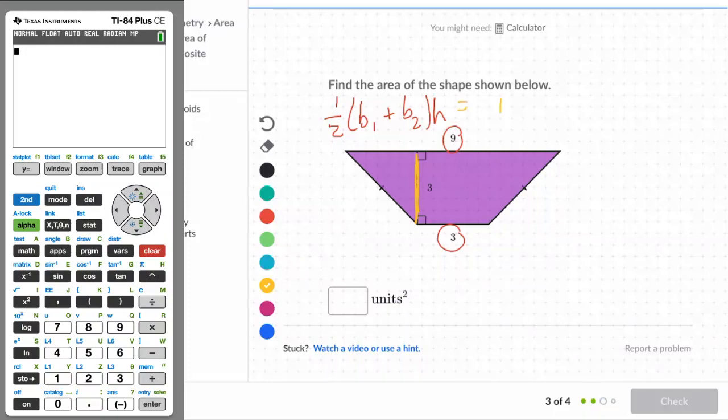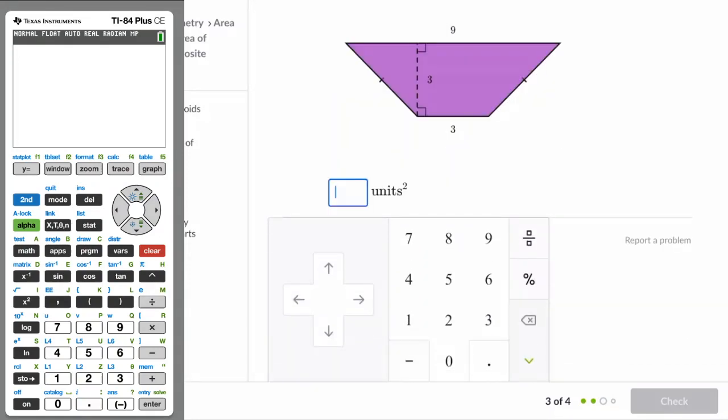So that comes out to 1/2 base 1 plus base 2 times the height. 1/2 times 12 is going to be 6, and 6 times 3 is going to be 18. So this should be 18 square units. Let's try that out. All right, we got that one right.